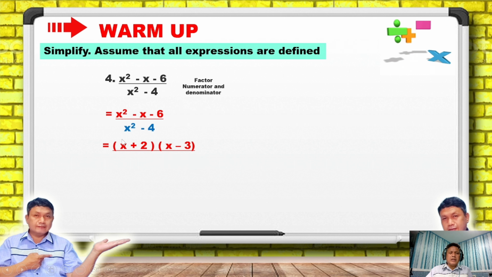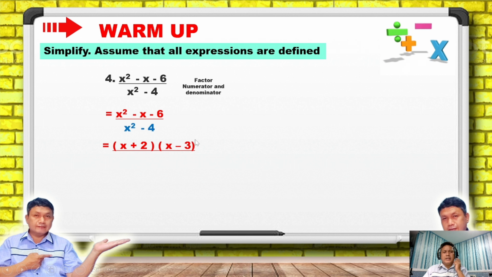If we will try to use the FOIL method na ginawa po natin kanina, dapat ang magiging product po niyan ay yung pula sa taas. And exactly kapag po yan ay ginawa nyo, yan po ang sagot niyan. So again, pag nagkukuha po tayo ng factors, dapat po ang result po niyan ay yung ating given, which is x squared minus x minus 6.